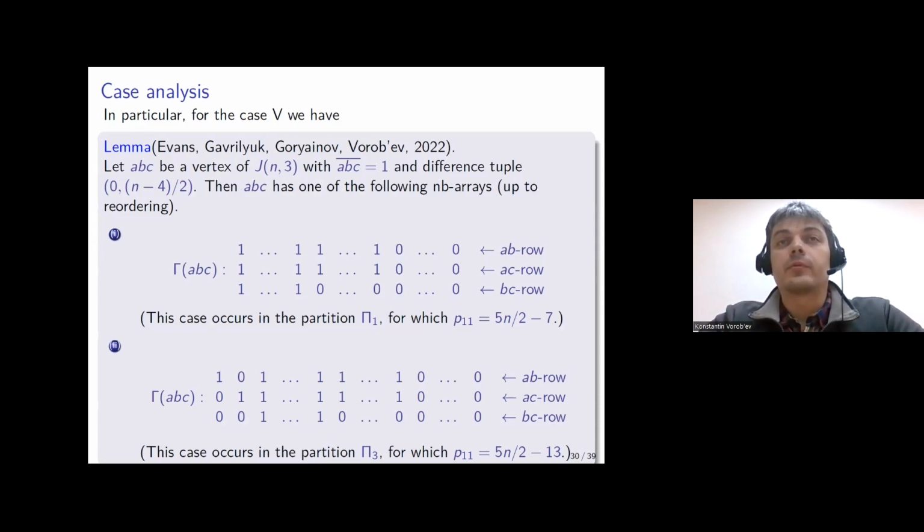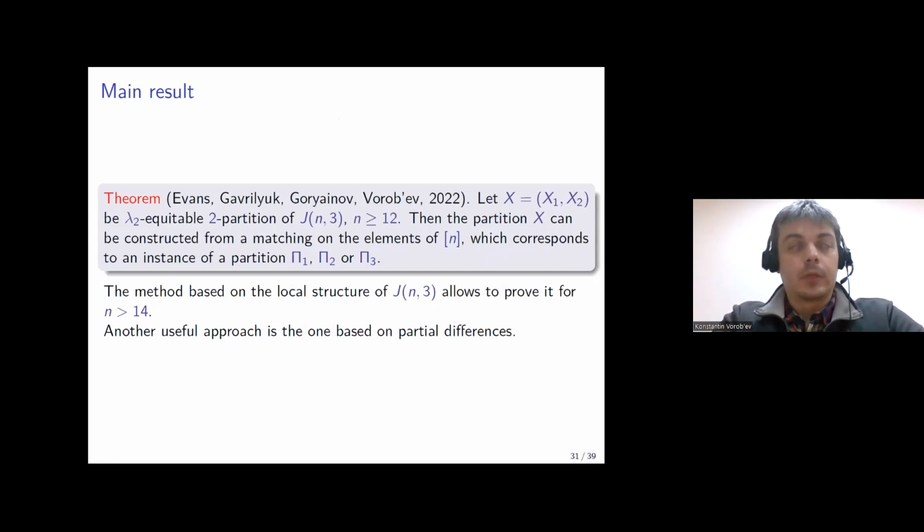Then there are only two possible NB arrays up to reordering for this case. So after all cases, we have proved the main result again. But what is important is that this method works for n at least 15.